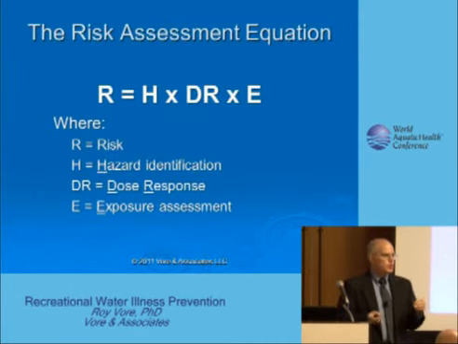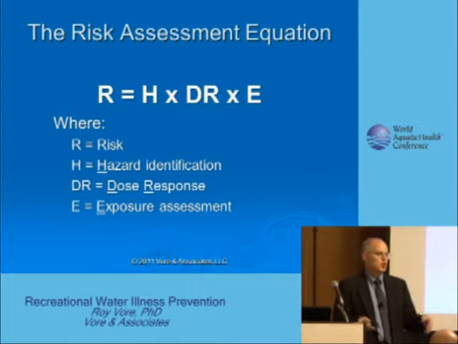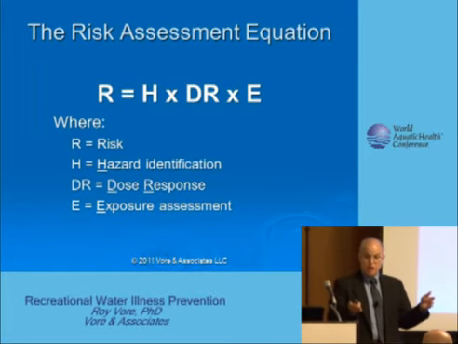Look at any risk management from the industrial health side, and you're going to see an equation, something similar to this. Risk is a combination of factors that are put together. One of them is the hazard. One of them is the dose response, and one of them is the exposure.